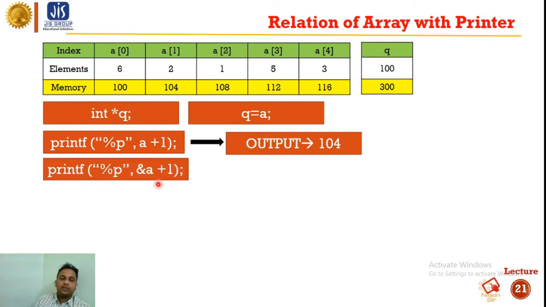Next one is printf percentage p, ampersand a plus 1. This does not mean ampersand of the bracket a plus 1.